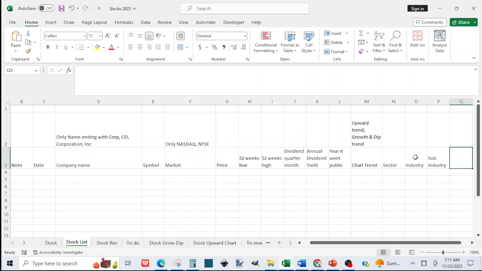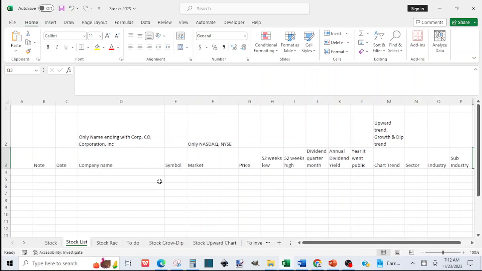That way, when you want to know if you are diversified, you can look at the stocks you invest in to see what industries you have in your portfolio and what sectors those industries are in. And pretty much that's that. And when there is other information you're interested in, you can just insert columns and enter that information in it.